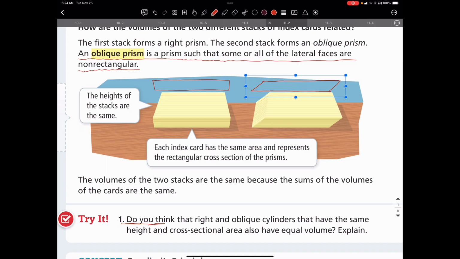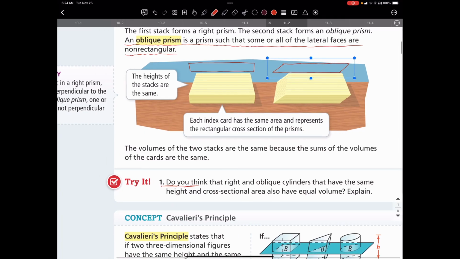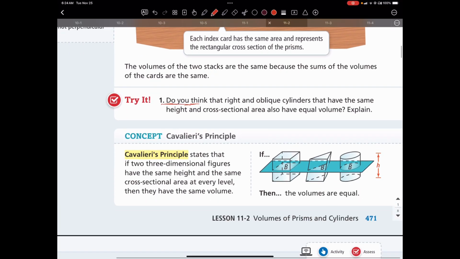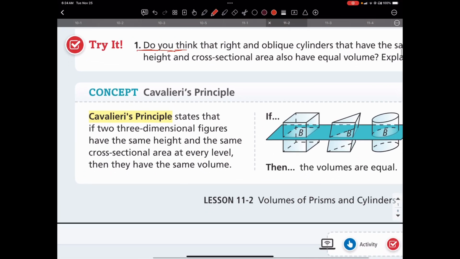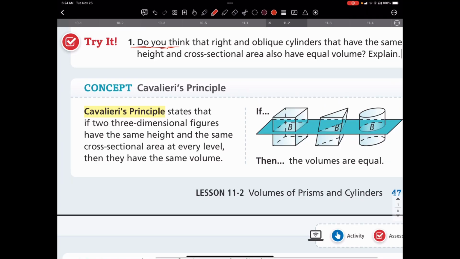This is kind of an introduction into oblique prisms, but it's oblique any solids. We're going to deal with oblique cylinders also. So, Cavalieri's principle states that if two three-dimensional figures have the same height and the same cross-sectional area at every level, then they have the same volume.